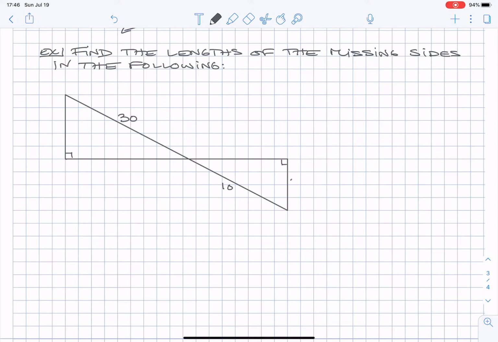Let's call this x minus 4, x plus 6, and is that enough? Yeah, I think that'll be enough.